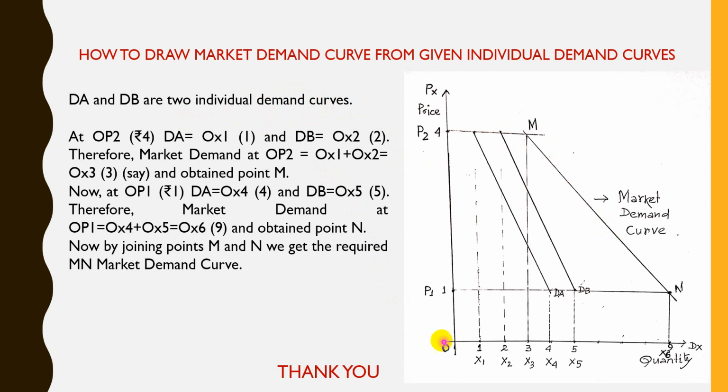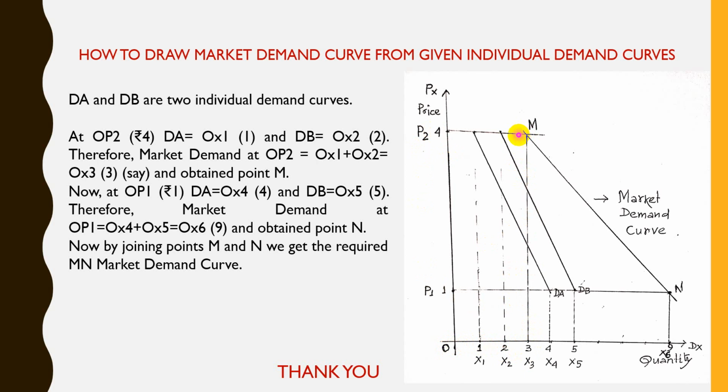Now at OP2 price, A's demand is 1 unit, that is OX1, and B's demand is 2 units, OX2. So the market demand at OP2 price, that is 4 rupees, will be OX1 plus OX2 equal to OX3. That means A's demand is 1 unit, B's demand is 2 units, so 1 plus 2 is 3 units.